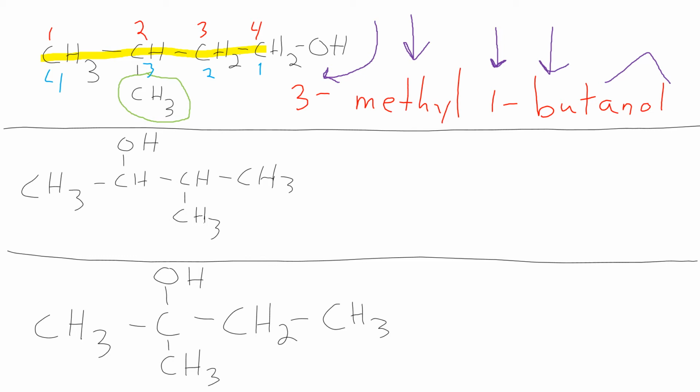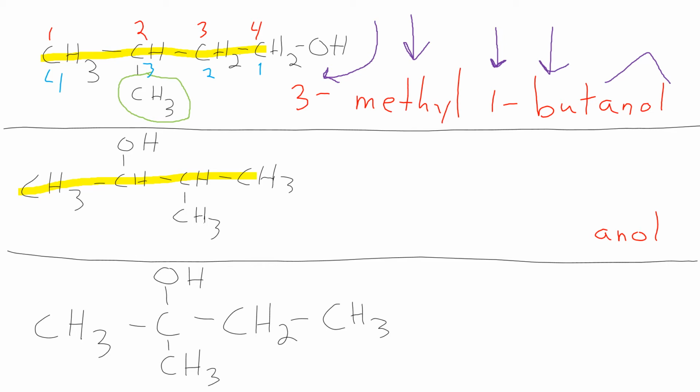If we look at the next structure, the structure that's written in the middle, again, we're dealing with an alcohol. We know it's an alcohol because we see the OH group attached to the carbon. So we would get the alcohol ending in here, anol. Next, we would count our carbon chain. So 1, 2, 3, 4 carbons in that longest continuous carbon chain.